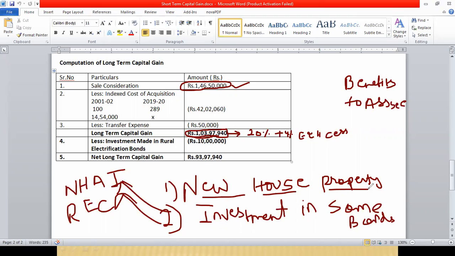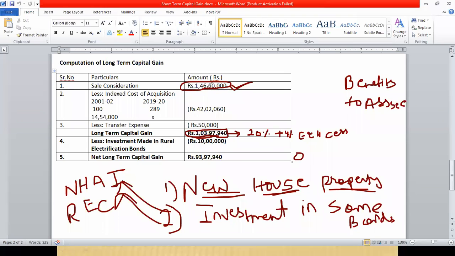So this is the benefit given to the assessees if they make use of the amount which they are receiving by making some investment. There are various other areas also, but the two important things we have discussed, the more popular is you can invest in the new house property. If you invest this entire amount in purchasing a new house property, then your capital gain will be zero.